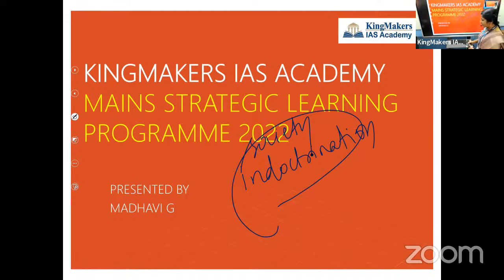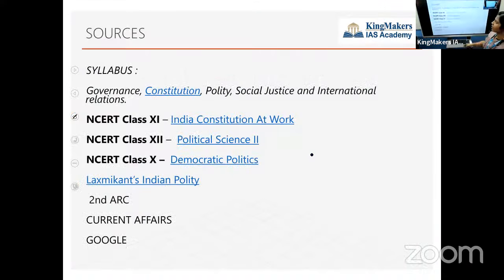So we will go one by one. What is the syllabus? I'm not breaking down the syllabus. We don't have enough time for that. And also I'm not telling you all the strategies. I will tell you one by one in later sessions. I'm just giving the general syllabus: governance, constitution, polity, social justice, and international relations. While in the question paper discussion, I will break down the syllabus.